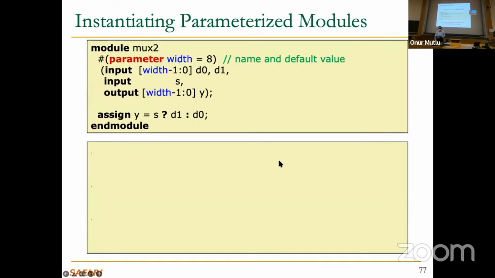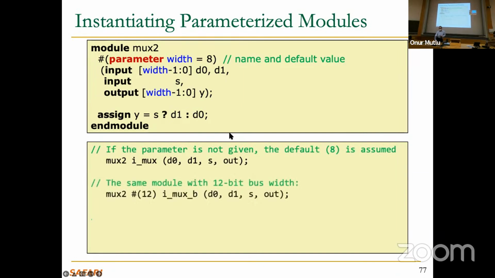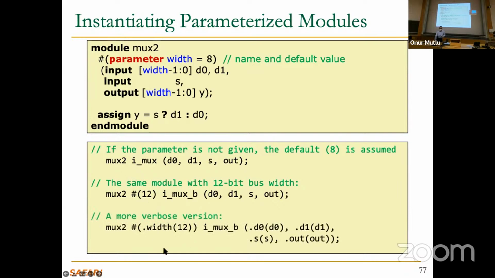I think I already said this, but let's take a look at an example. How do you instantiate a parameterized module? This is our module that we saw earlier. As expected, if you don't use any parameter, then the default is assumed. This is how you instantiate a 12-bit 2-input mux. And this is how you instantiate a 12-bit 2-input mux in a more verbose version.